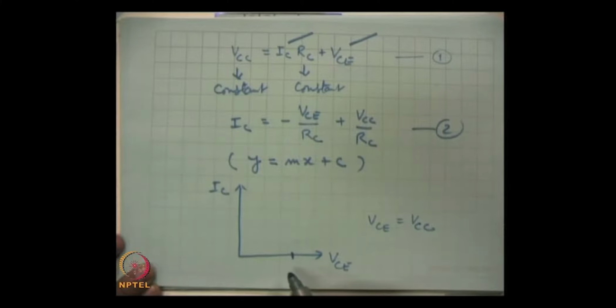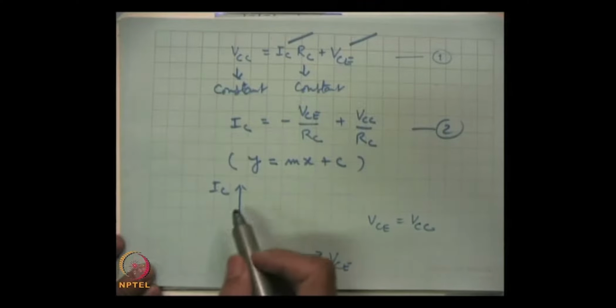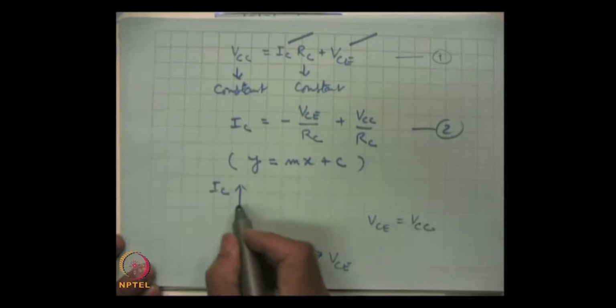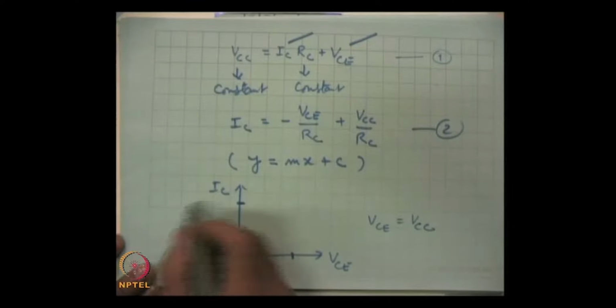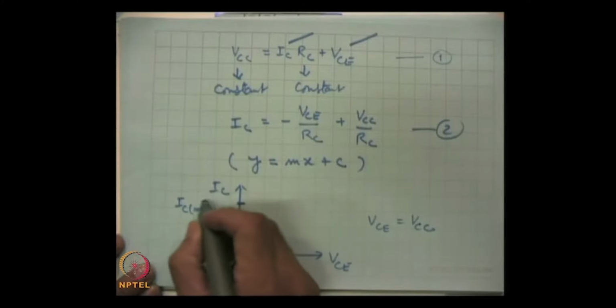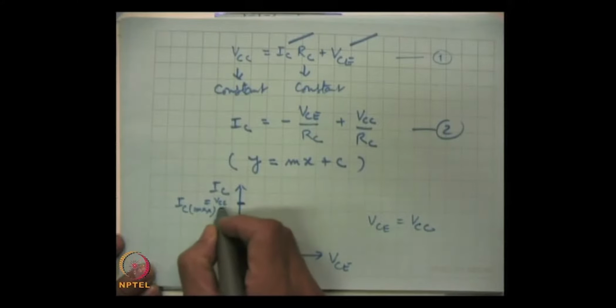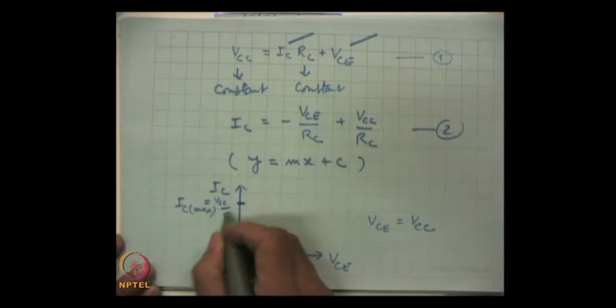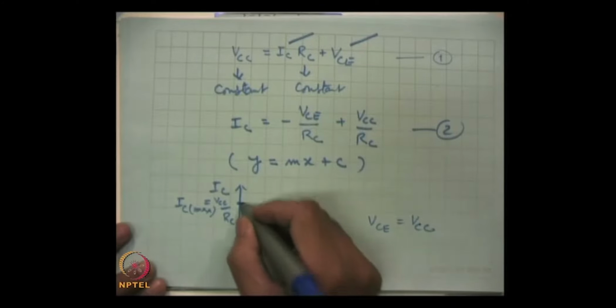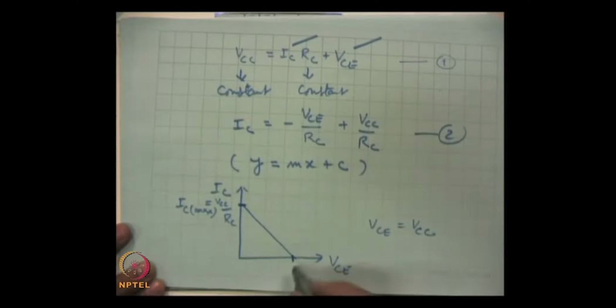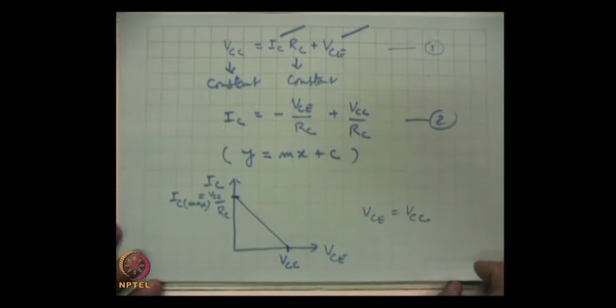So, this gives this point, and similarly here VCE is 0, and that will give this point, which is the maximum current IC maximum, and this is equal to VCC by RC, and then we connect these two points, and this is VCC, the battery which we are using to reverse bias the collector.